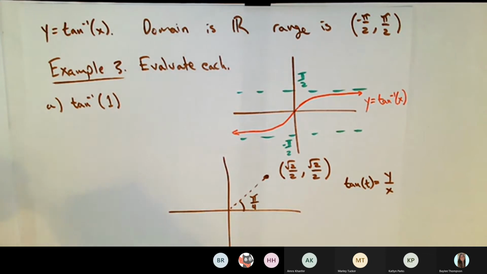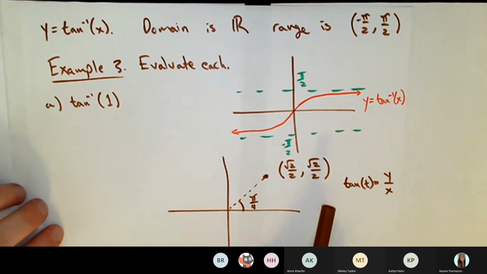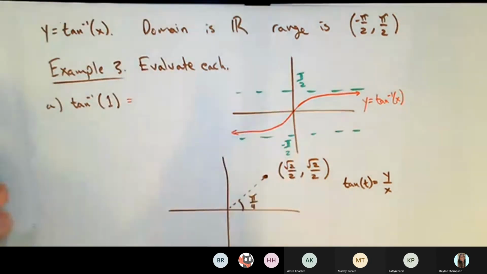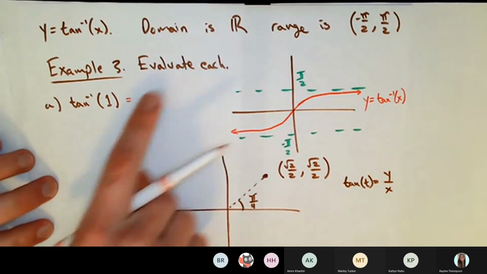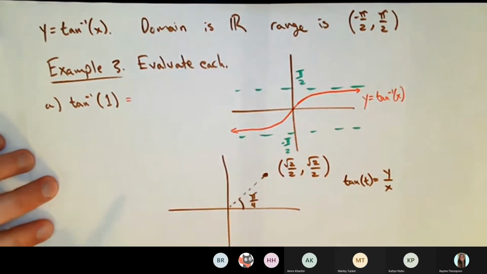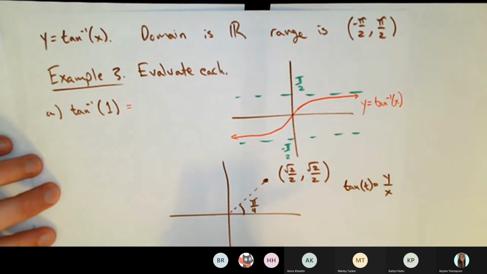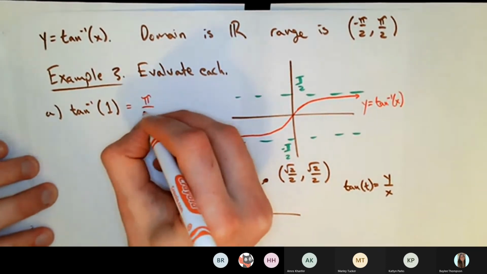It's got to be the pi on 4, because that's where the y and the x values match. So tangent inverse of 1 is pi on 4. By the way, is 1 in the domain of tangent? Yes, because the domain is every real number. And is pi on 4 in this range? Absolutely.